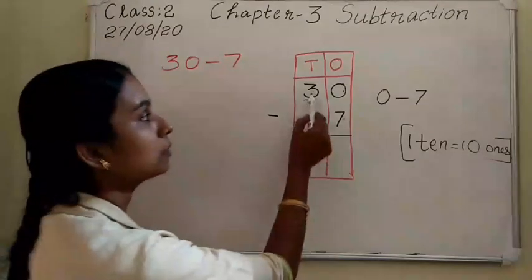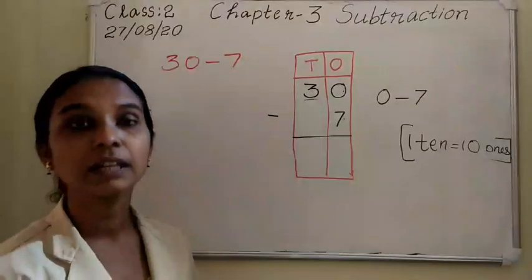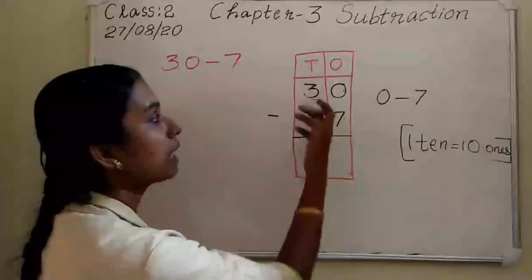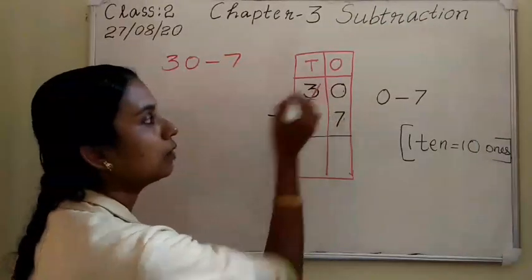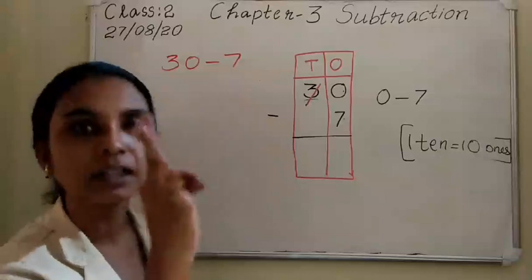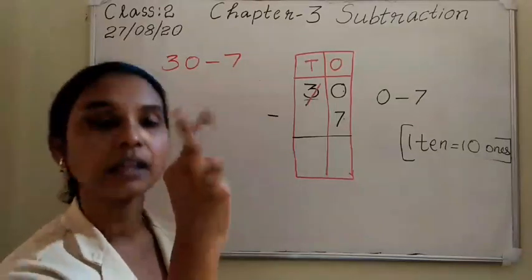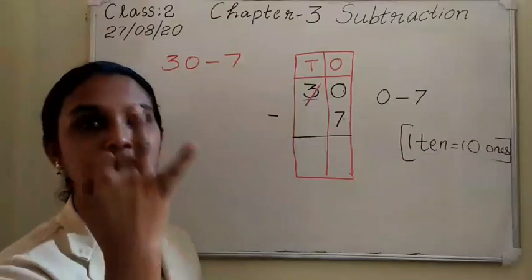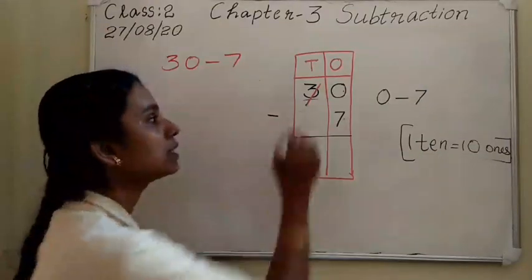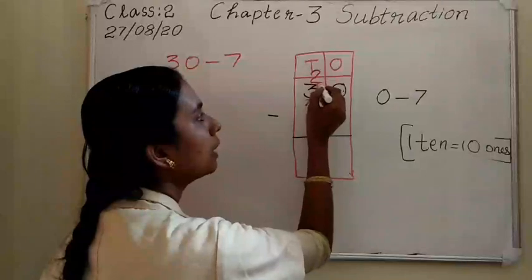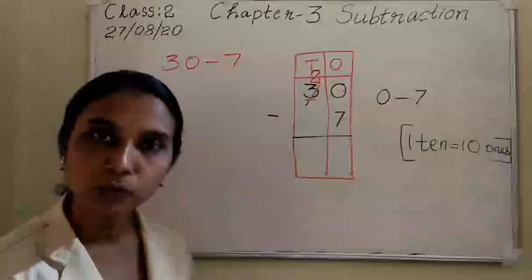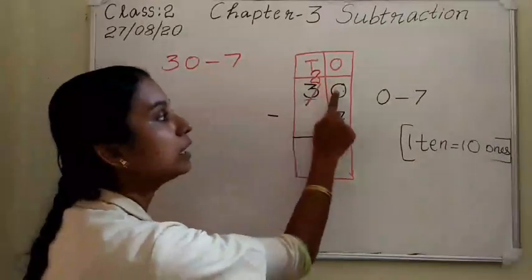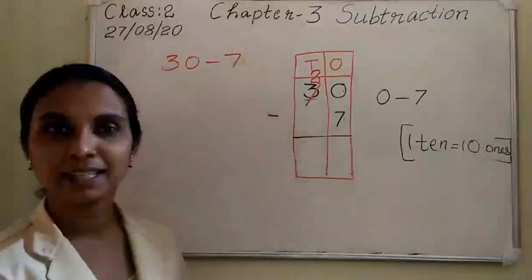So you ask from this tens place. Then this tens place has 3 tens. From 3 tens you take 1 ten. Then how many are left in the tens place? There is 2. You write in the tens place 2.